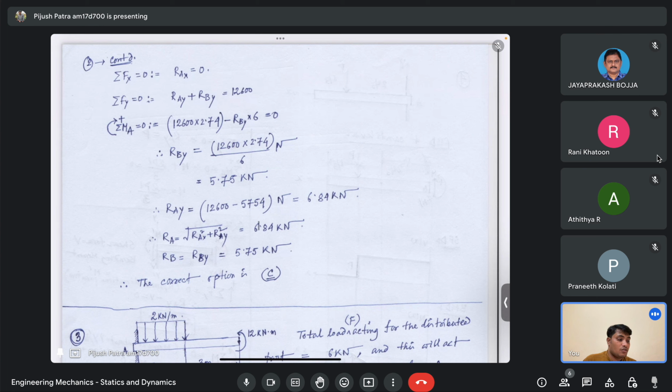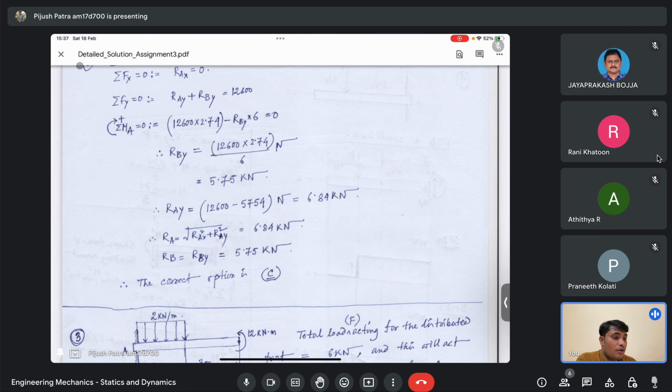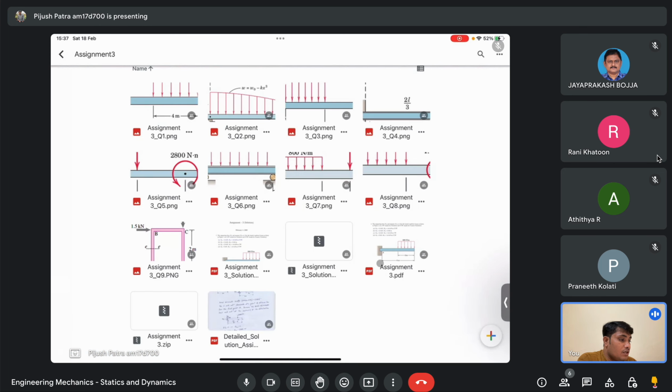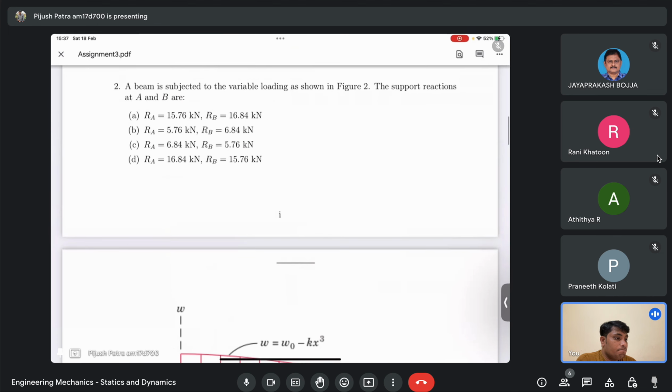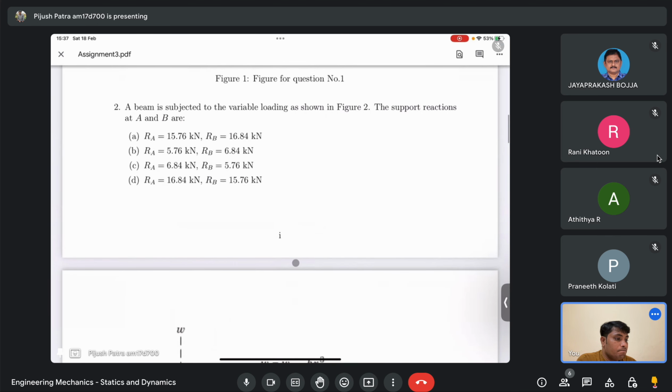So RA is equal to this and RB is equal to this. So the correct option is C. Now let me see what the correct option is here. Yeah, so the correct option is C.